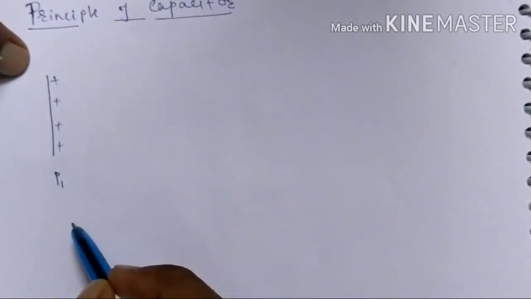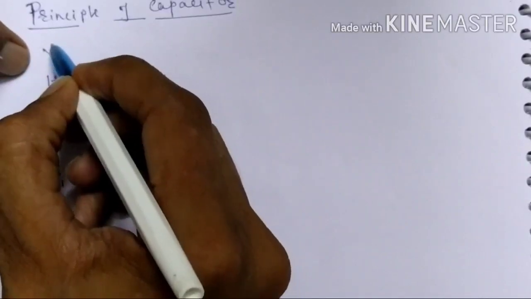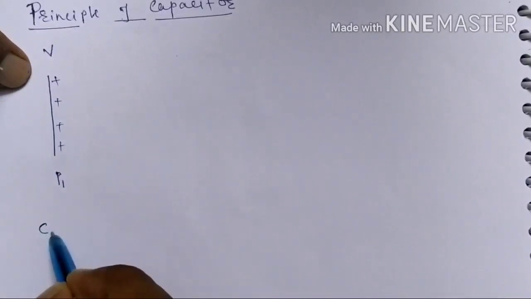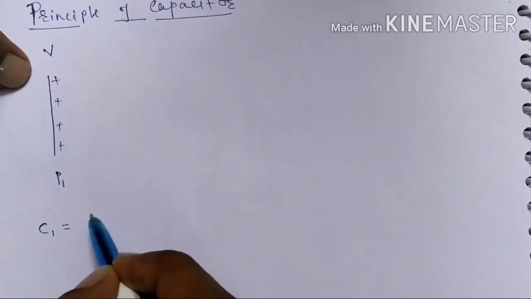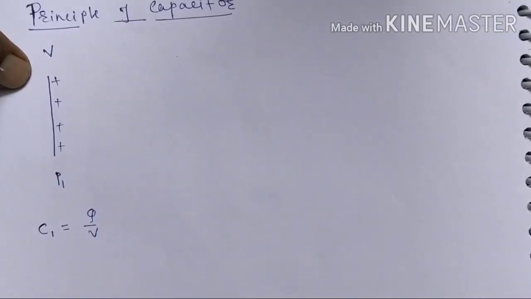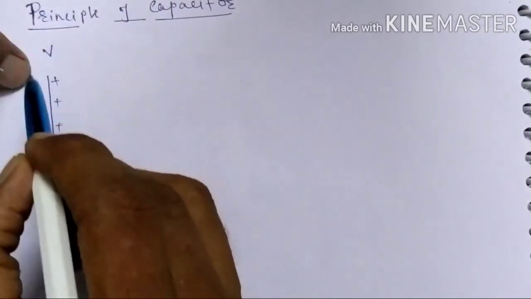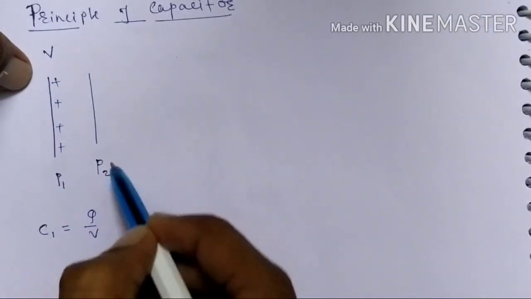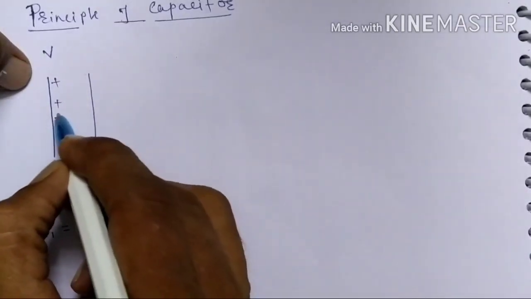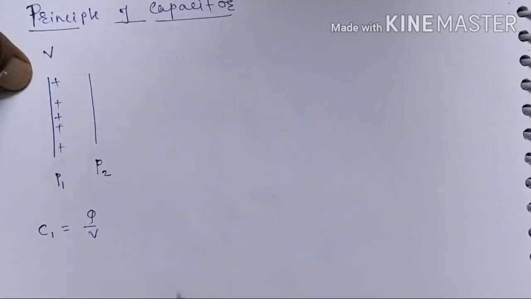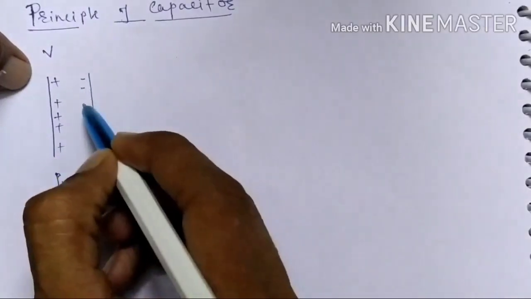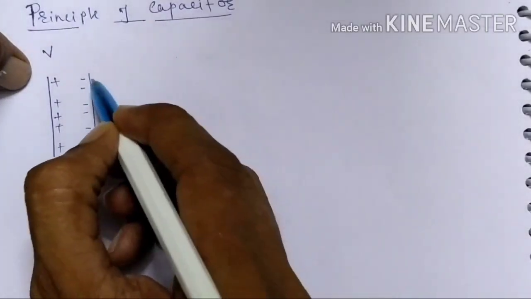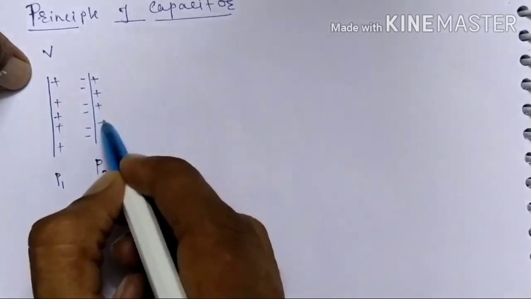As we provide the plus Q charge on plate P1, its potential becomes V. So the capacitance of plate P1, C1, is equal to Q divided by V. Now an identical metal plate is placed near the metal plate P1. So the identical metal plate P2 is placed near P1. Due to the induction process, negative charge is developed on the inner side of plate P2 and positive charge is developed on the farther side of plate P2.